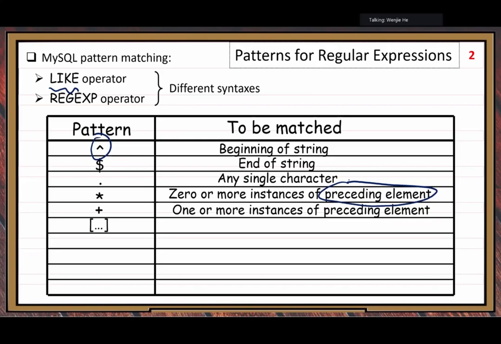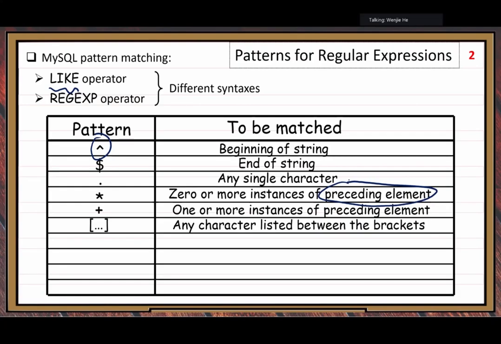Inside a pair of brackets, any character listed between. Sometimes inside brackets we want to list a sequence of characters, but we don't want to list all the characters in the sequence.